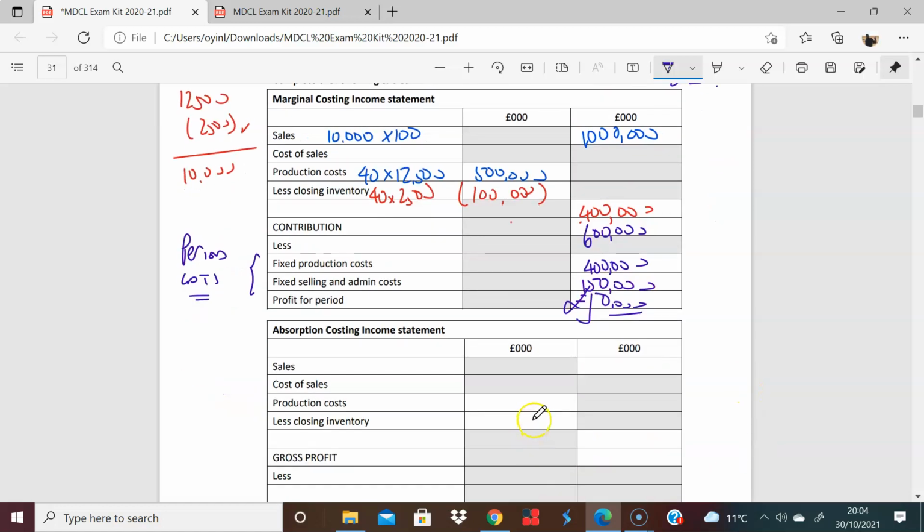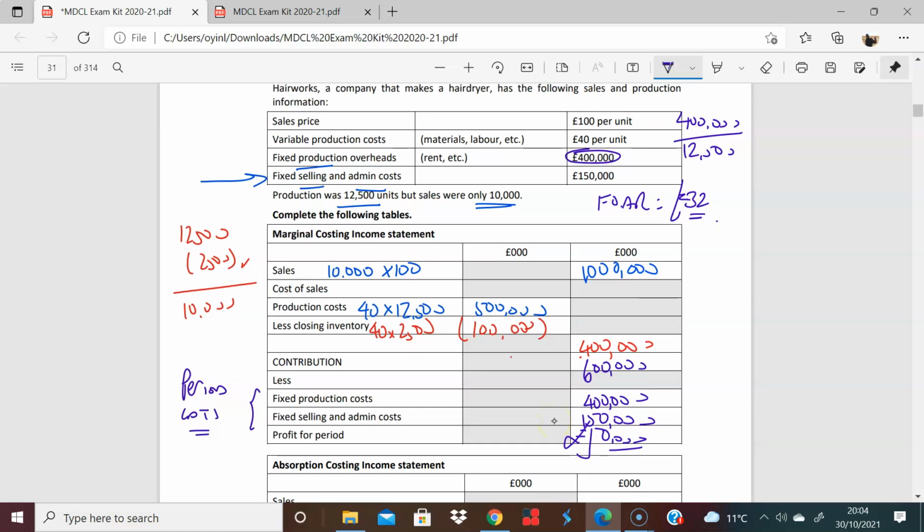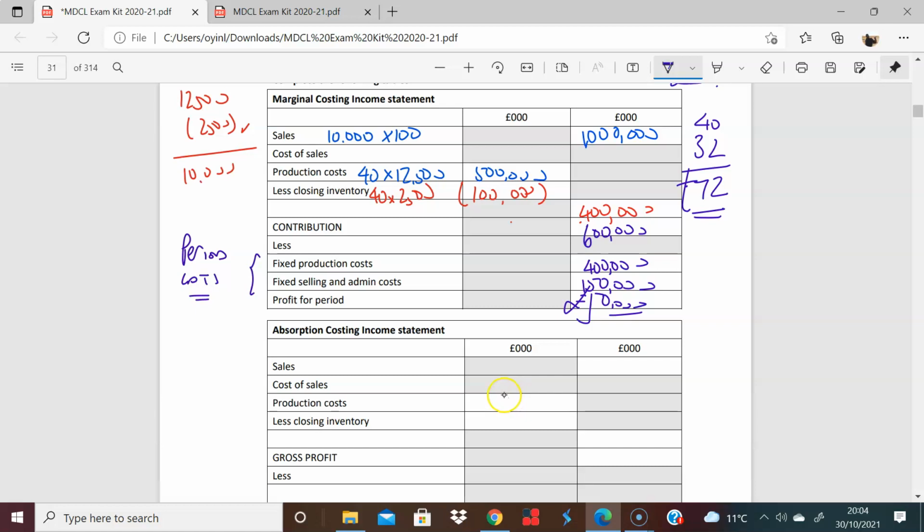So in addition to the 40, I have to consider the 32 when I absorb, and that's where the full absorption comes in. The full absorption cost is the 40 variable plus the 32, which takes us to 72.